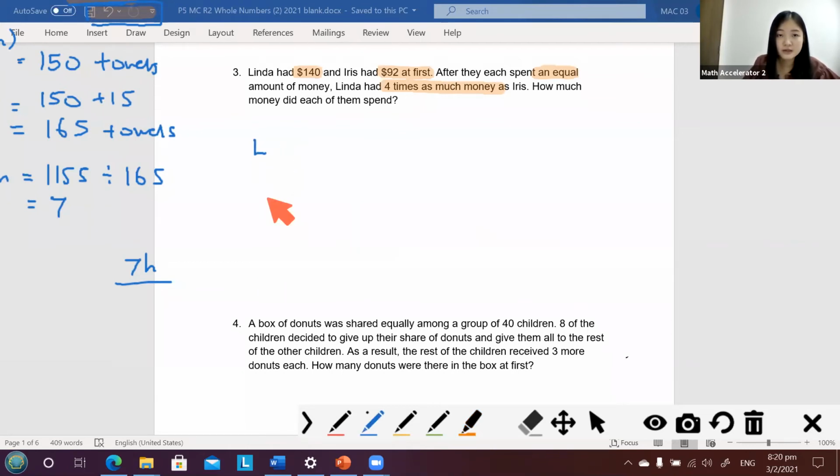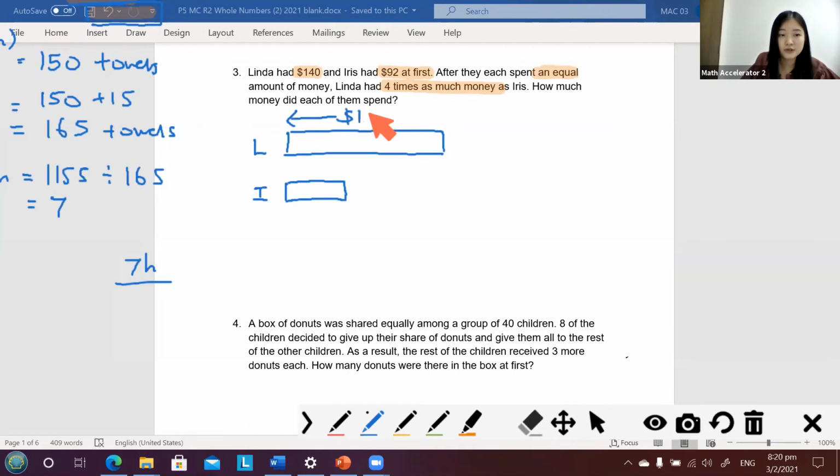Okay, Linda, Iris. So Linda had more at first, right? We have 140. So we can draw the model longer for Linda. For Iris, it'll be shorter. So let's label it.